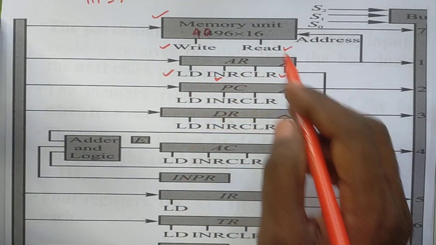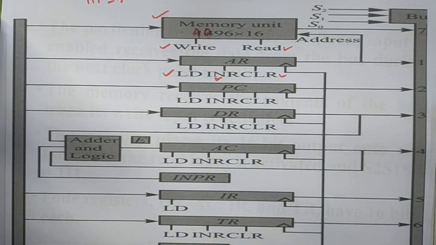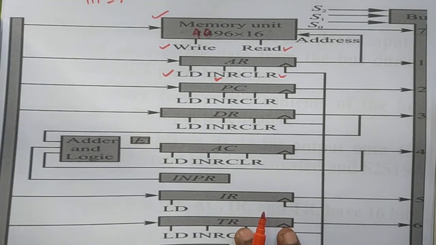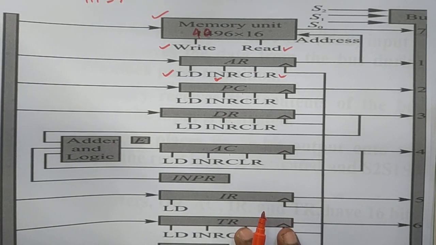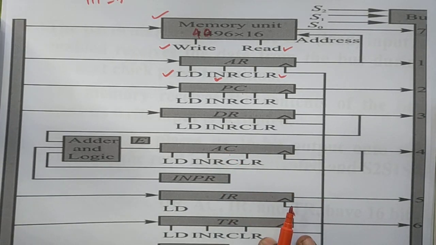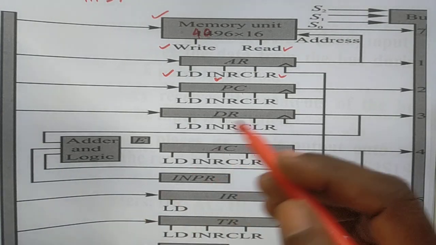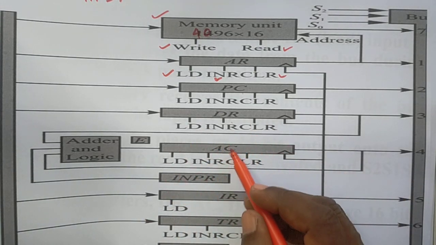So like this, different items are there, and those items are activated whenever necessary as per requirement. Okay, and another important part here, you see, is the accumulator. Whenever we go through any kind of operations, addition, subtraction, or any kind of logic operation, all those operations are done by this accumulator.